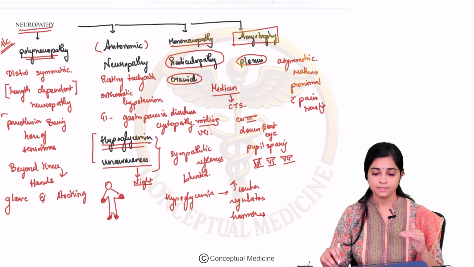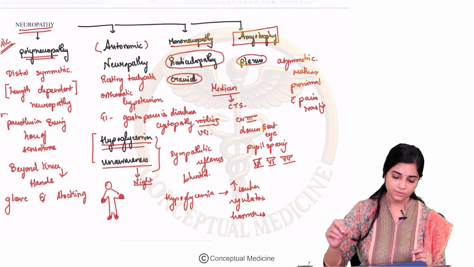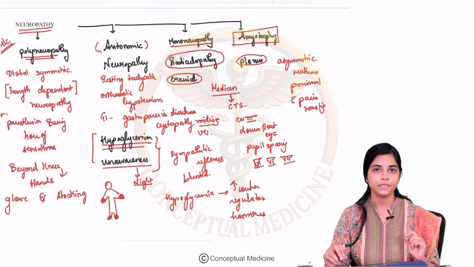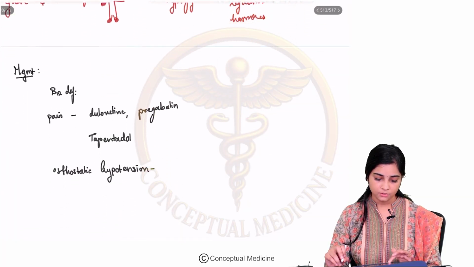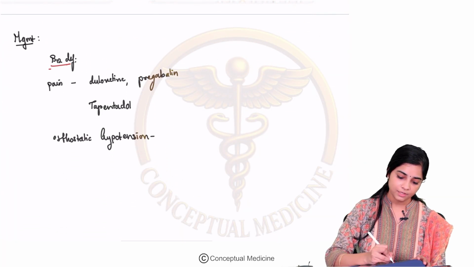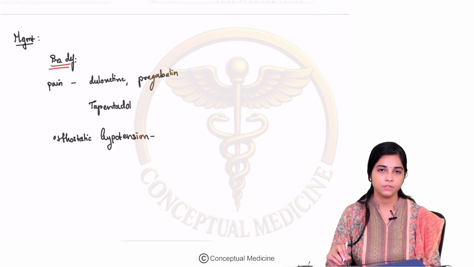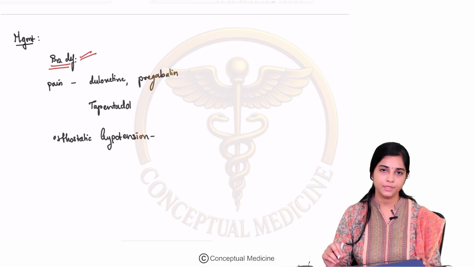Okay. So these are the various ways in which you can have diabetic neuropathy, and the most common presentation is your diabetic distal symmetric polyneuropathy. Okay, fine. So how do you manage? Most of the time when diabetic patients are on chronic metformin use, they can have an associated B12 deficiency, so you correct the B12.